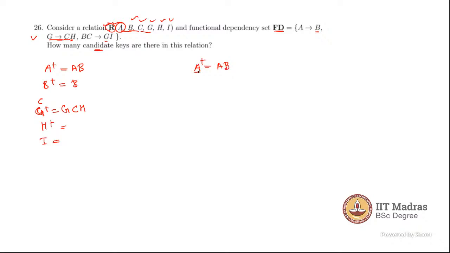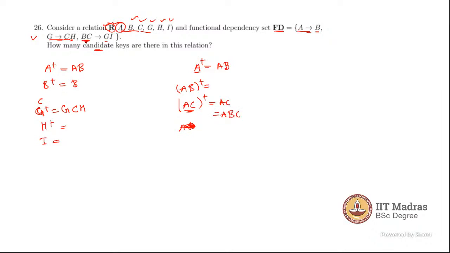Now let us try different combinations. If you take AB, we cannot determine anything because AB is not a candidate key here. Now let us take AC. The closure of AC is AC. Here A determines B, so from that we get ABC.